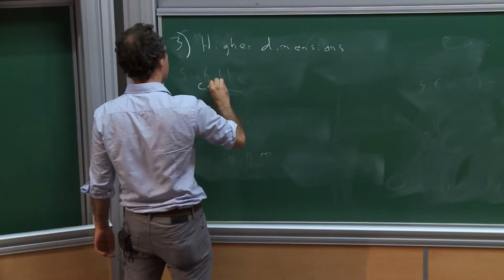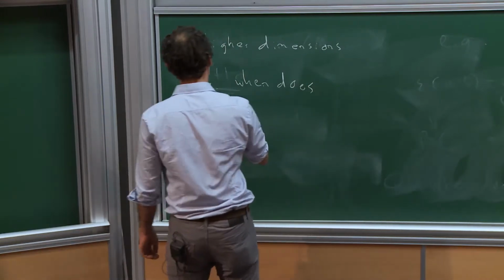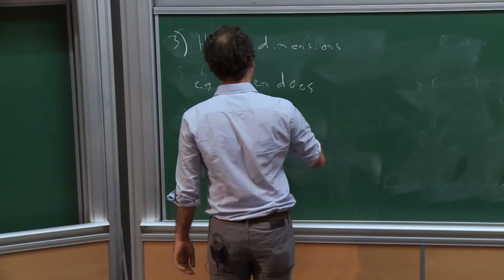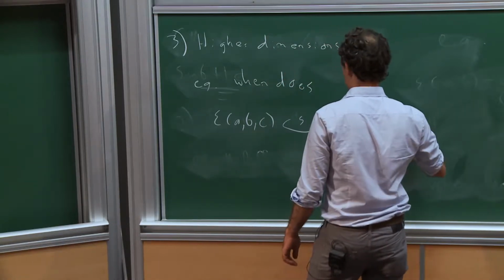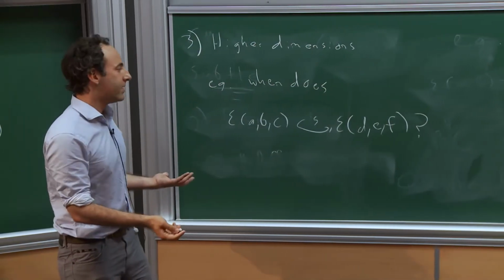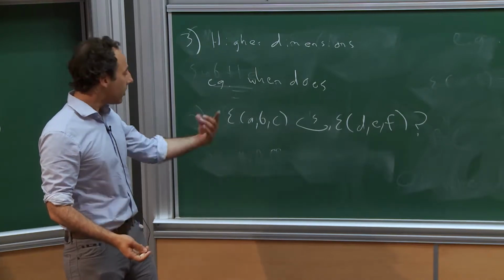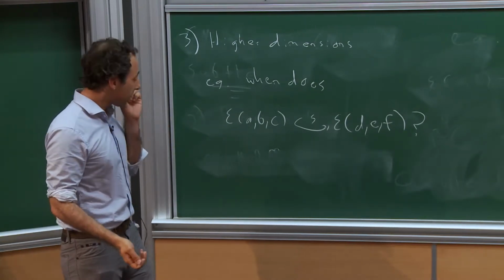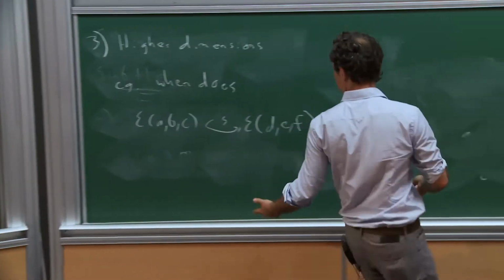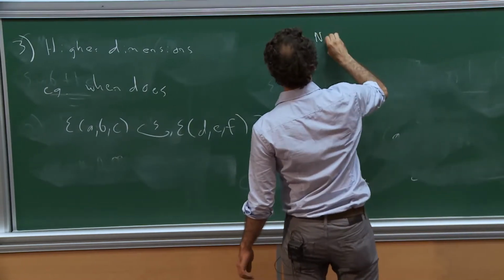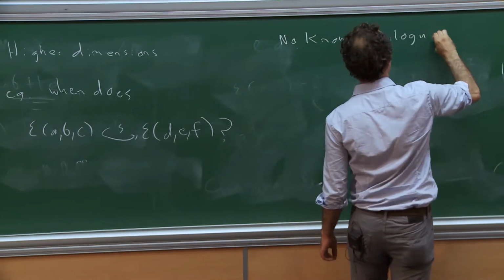For example, you could ask, when does an ellipsoid E(a,b,c) embed symplectically into an ellipsoid E(d,e,f)? You could say, I should look at the obstruction coming from embedded contact homology. But like I just said, there is no obvious obstruction coming from embedded contact homology, because there is no known analog of ECH in higher dimensions.